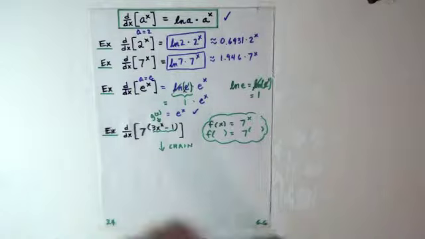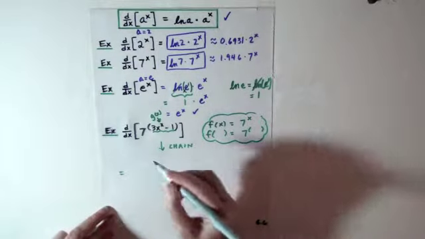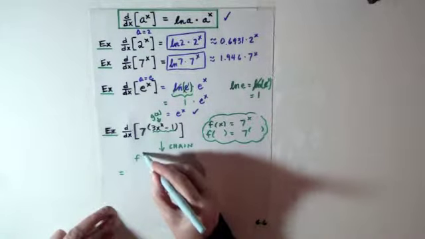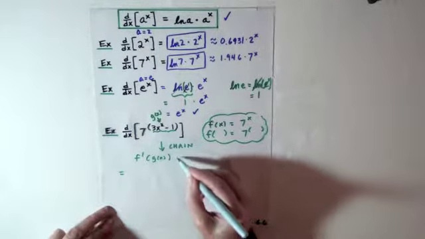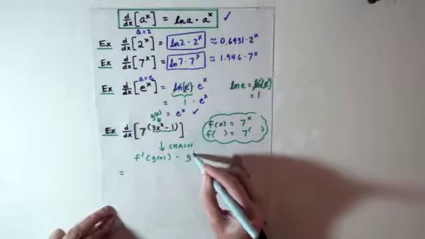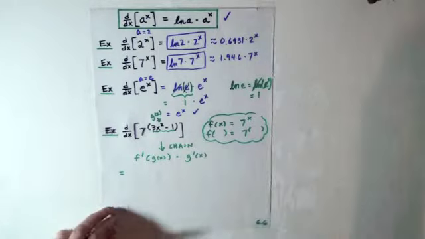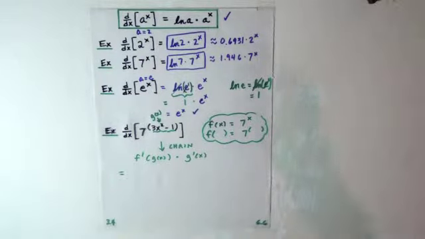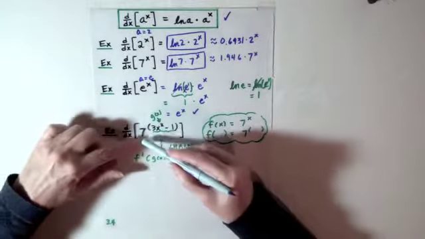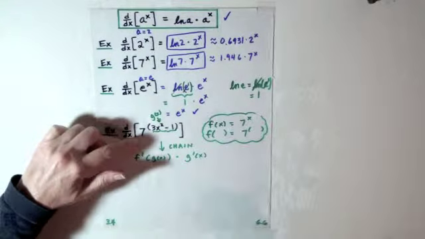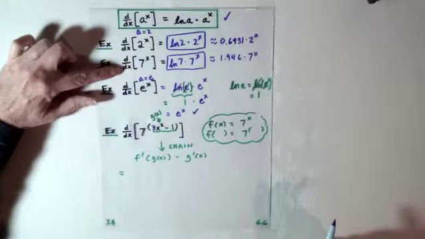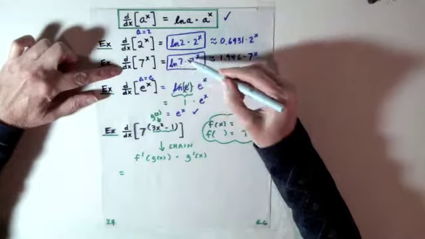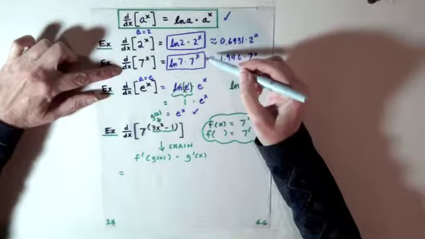By the chain rule, I'll write out the pattern. We're doing the derivative of the outer, evaluated at the inner, times the derivative of the inner function. So I start with the derivative of the outer function. It's a little tricky in this case because it is an exponential function. We did the derivative of 7 to the x up here, and we got ln of 7 times 7 to the x.